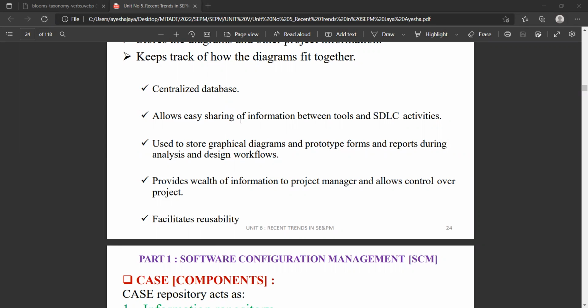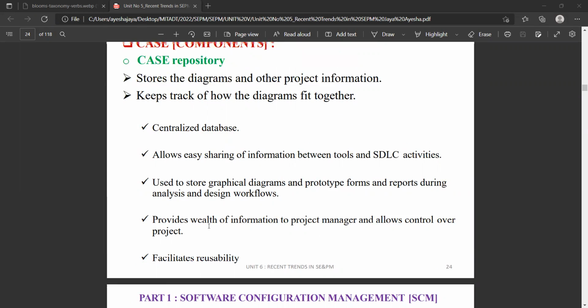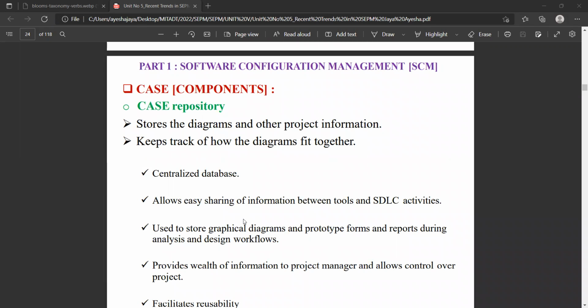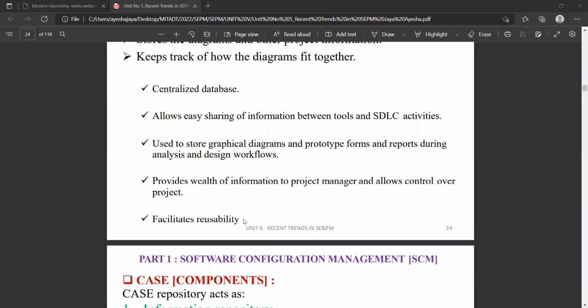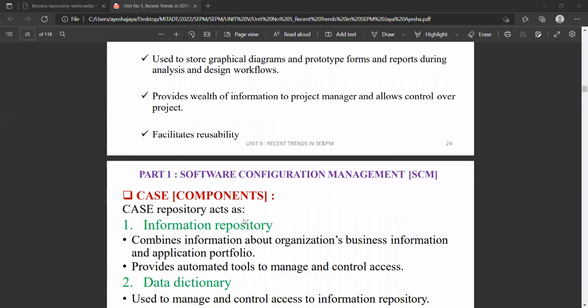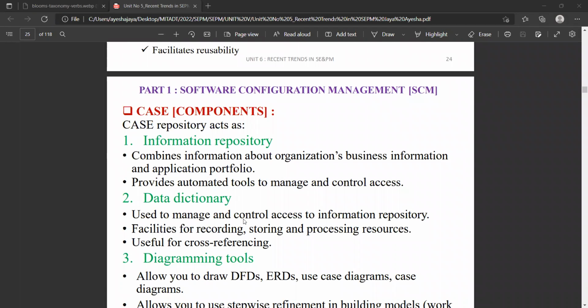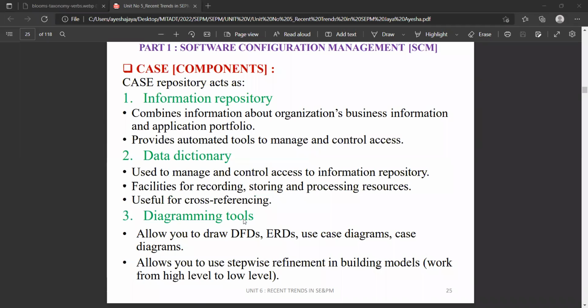which allows easy sharing of information because everything is at one end. So anybody can take that data from there. It facilitates reusability. So that is why CASE repository benefits are always there. So what does the CASE components repository basically act as?